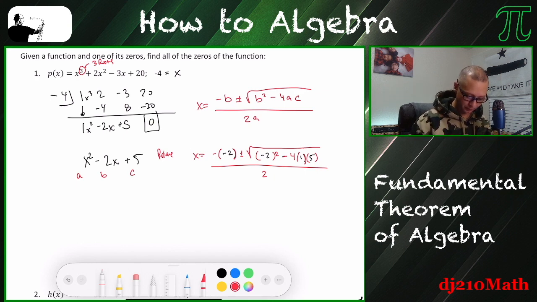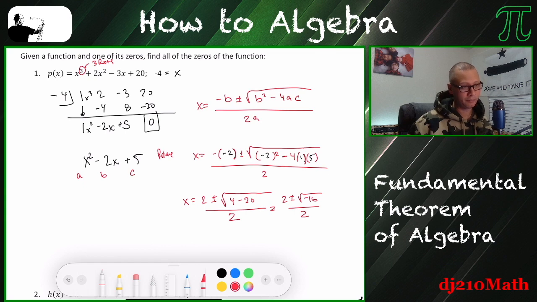Simplifying, we see that x is equal to 2 plus or minus the square root of 4 minus 20, all over 2. Simplifying even further, we get 2 plus or minus the square root of negative 16, all over 2.